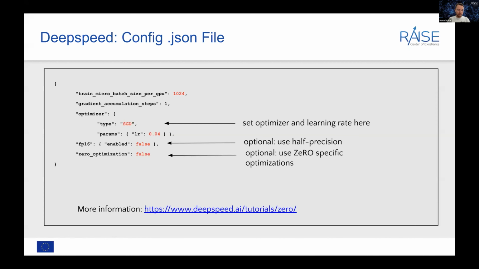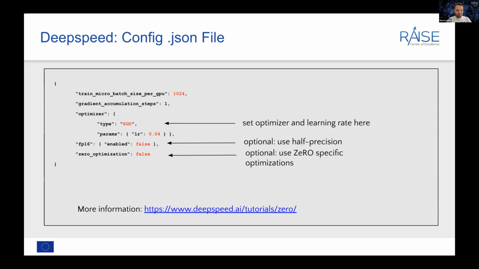And probably the most interesting thing when using DeepSpeed are these ZeRO optimizations, where you can choose different levels of optimization you want to use.